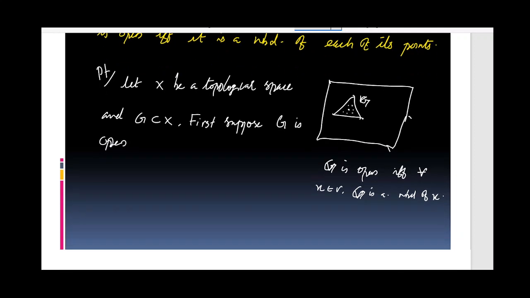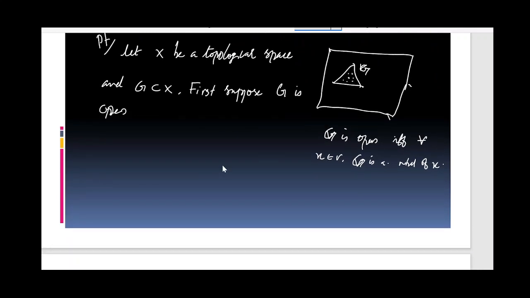Then what we want to prove? G is a neighborhood of each of its points.